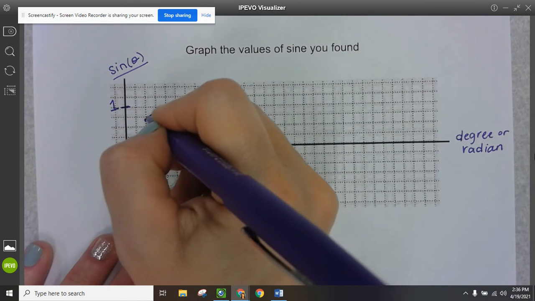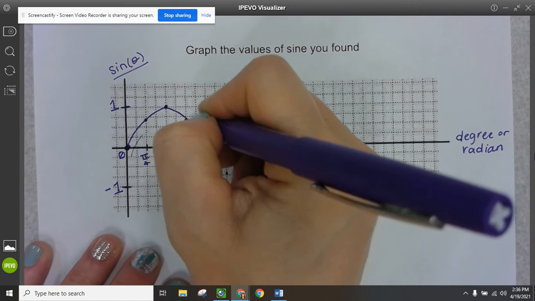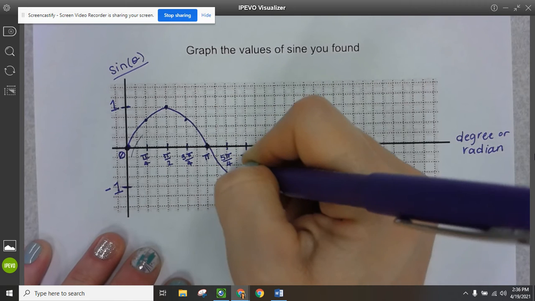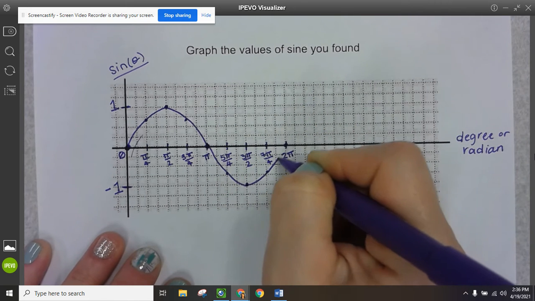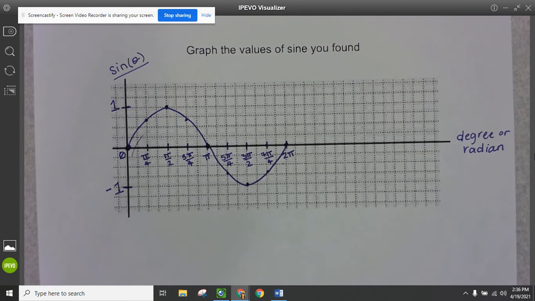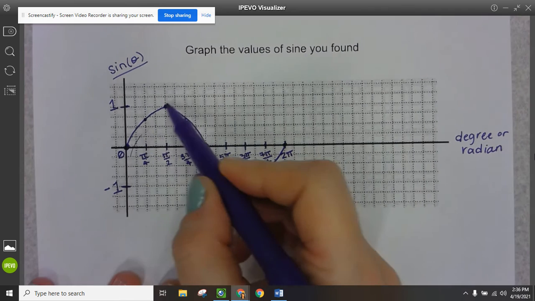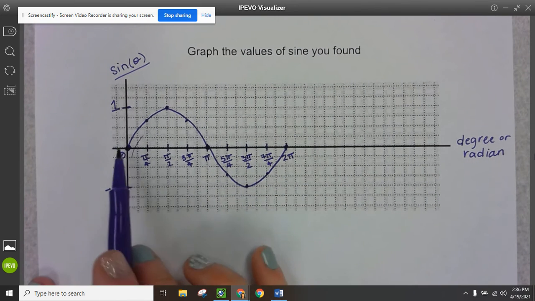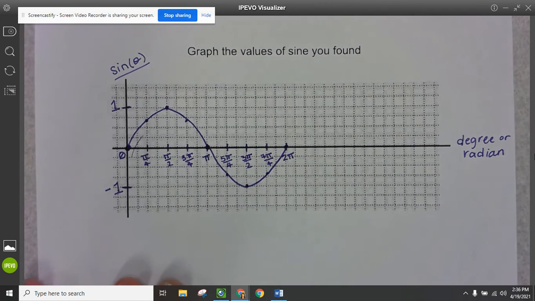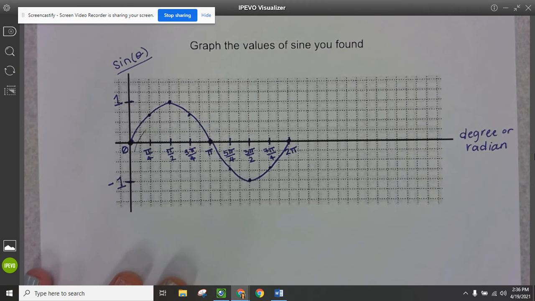And you'll notice when you start to connect these, we get this beautiful roller coaster looking S-type curve. So this represents the sine value from 0 to 2 pi, which is one full circle.